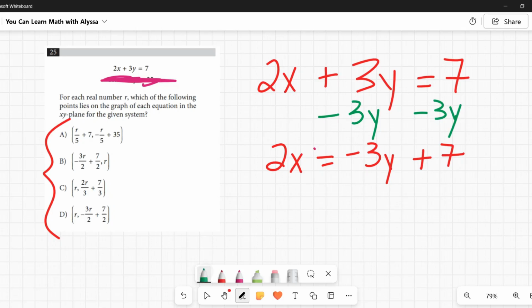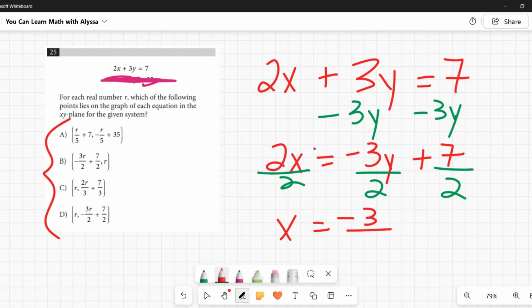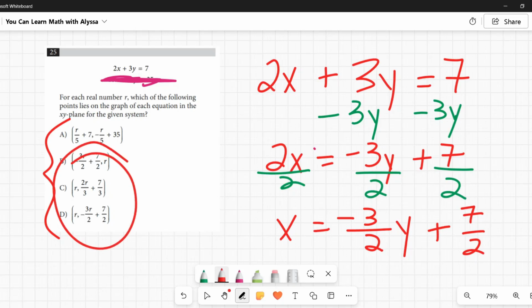To undo that, I'm going to divide by 2, and I have to do that to everything to keep everything balanced because it is an equation after all. And I get x is equal to negative 3y over 2, or we could also write that negative 3 halves y plus 7 halves. And if you see that this looks awfully similar to things that are showing up over there, then I think we're on the right track.